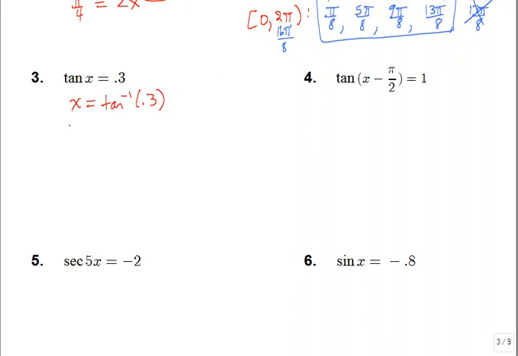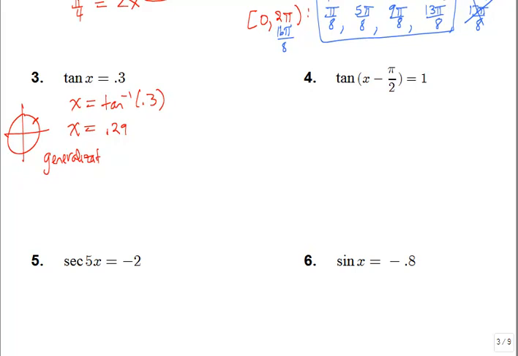So we got that x was equal to 0.29 radians, and that is going to be, remember, in quadrant 1 somewhere, and we want to write out all of our solutions in the interval 0 to 2 pi and also all of our generalizations. So I'm just going to do my generalizations first.